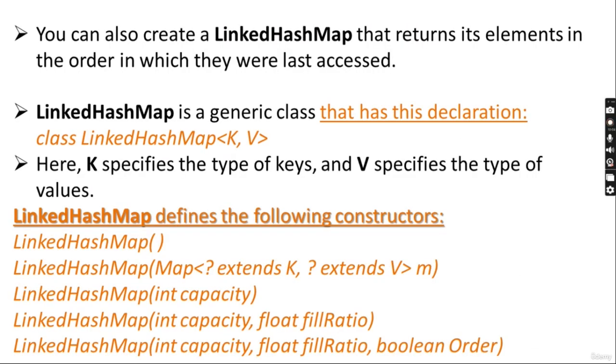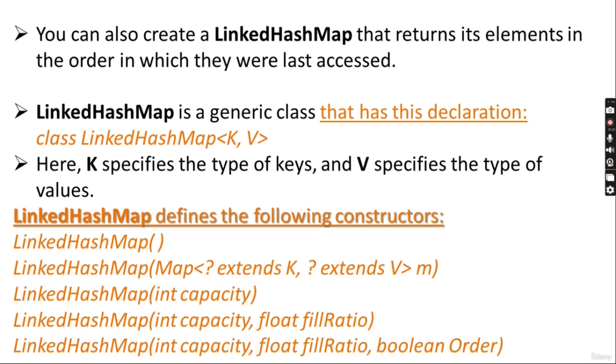You can also create a LinkedHashMap that returns its elements in the order in which they were last accessed. LinkedHashMap is a generic class that has this declaration: class LinkedHashMap<K, V>. Here K specifies the type of key and V specifies the type of values.